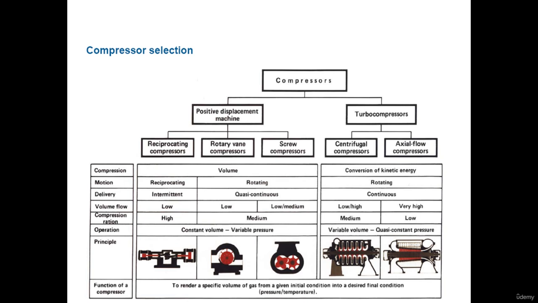Okay. So the function of the compressor is to render a specific volume of gas from a given initial condition to a desired final condition. So you have to give the supplier the complete inlet condition when specifying the compressor. What is the inlet condition? The suction pressure, suction temperature, compressibility, volume flow rate at actual conditions. What else? Molecular weight.